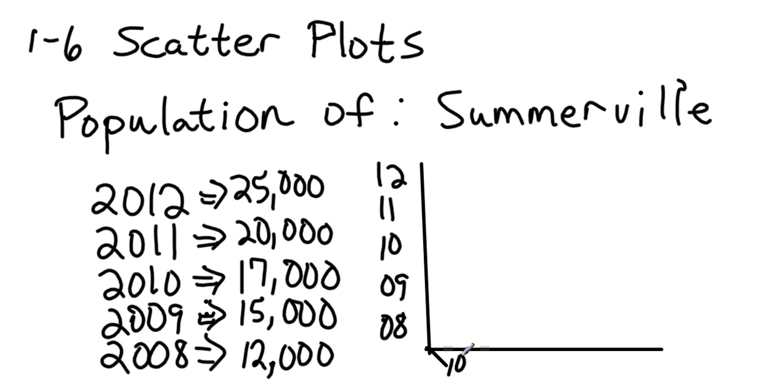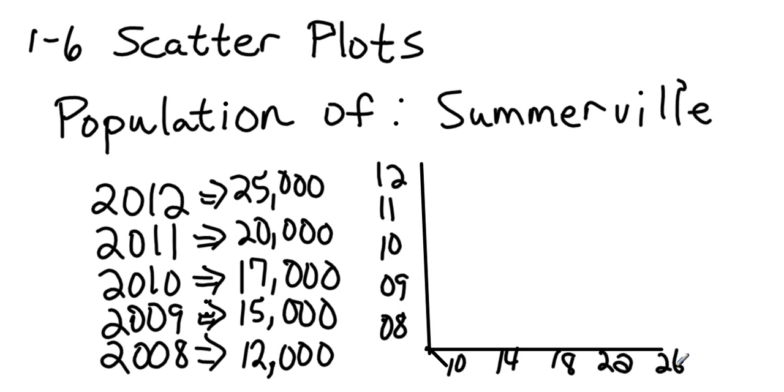So let's go by fours. 14,000, 18,000, 22,000, and 26,000. Okay, so in 2008, we had a population of 12,000 people.